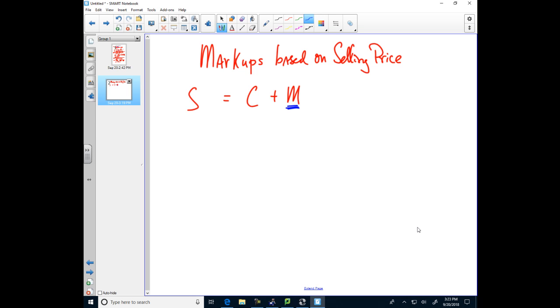He wants a 75% markup. If he wants a 75% markup, calculate the selling price based on the selling price. So M here is 75. Okay. It's markup based on the selling price, so we've got to keep that in mind.